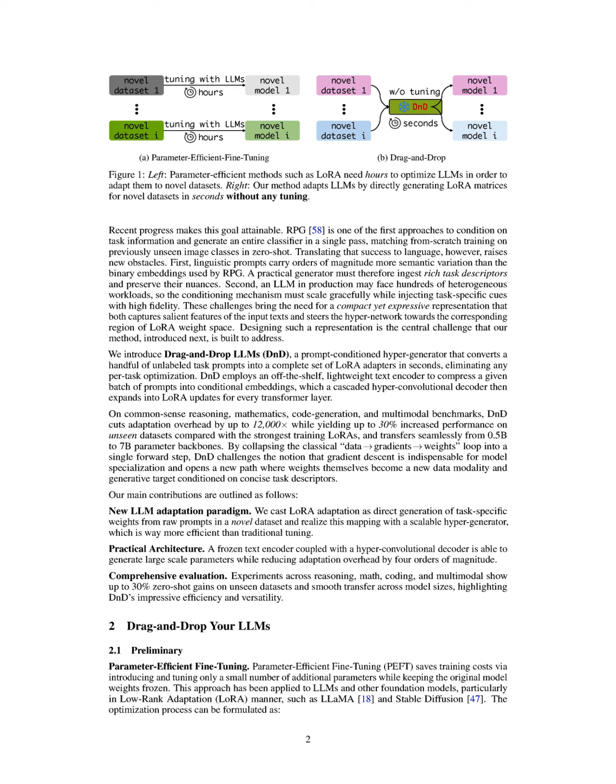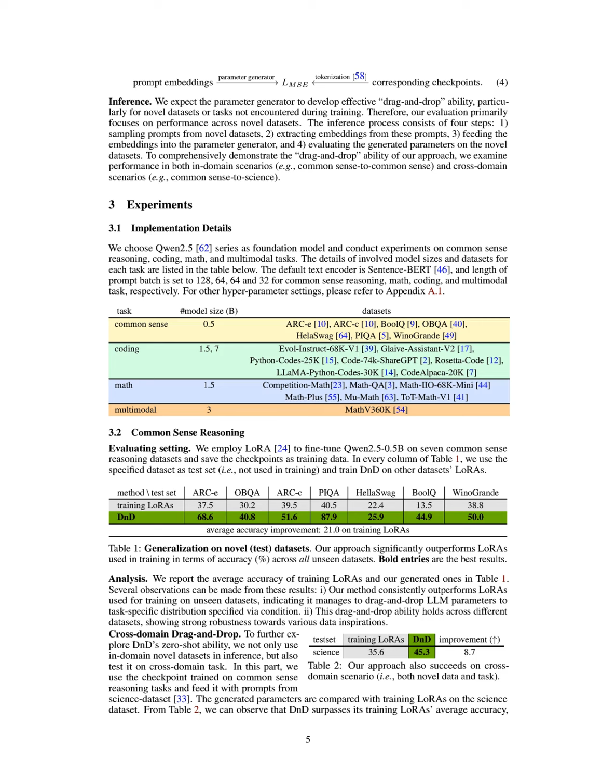Additionally, DND's architecture, which combines a frozen text encoder with a hyperconvolutional decoder, allows for seamless scaling across different model sizes, enhancing its versatility. Overall, DND not only streamlines the adaptation process, but also enhances performance across various tasks, making it a more efficient and robust solution.